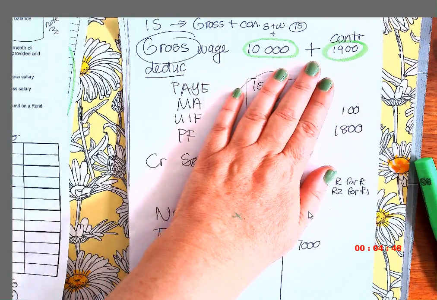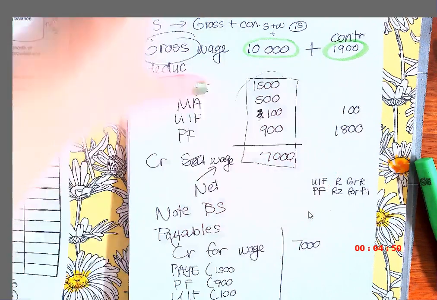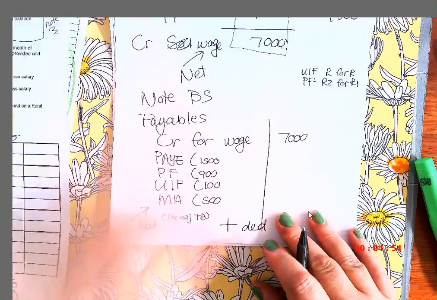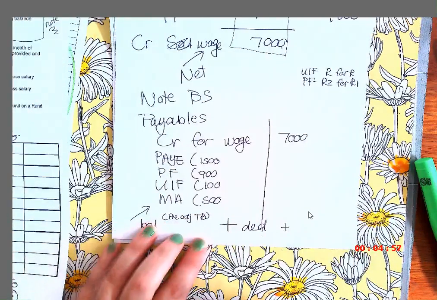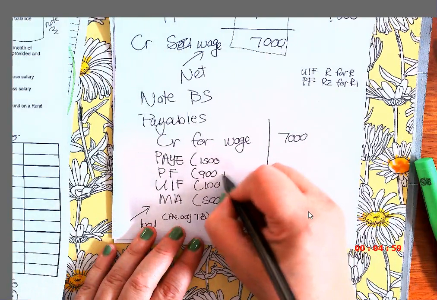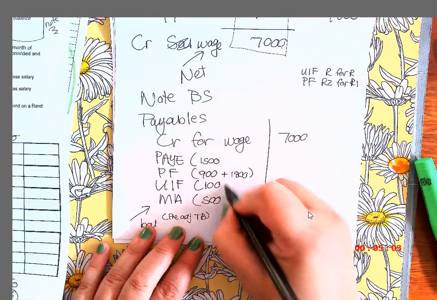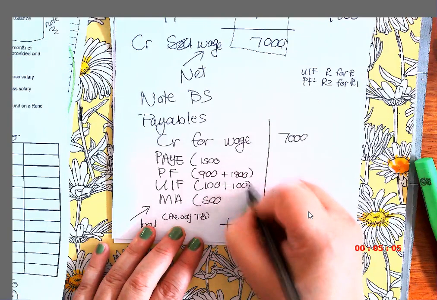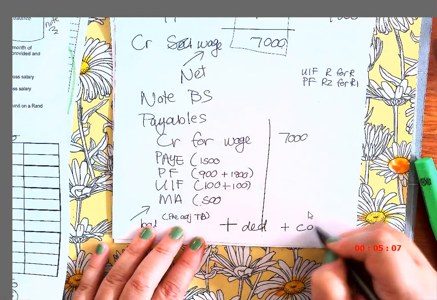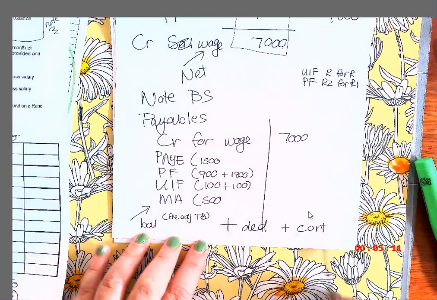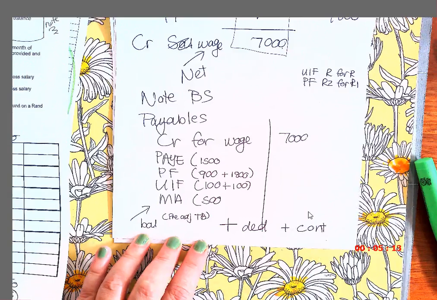Everybody sharp. Now, if I go to the payables, what is going to change here? Oh, I need to pay for the pension fund the extra 1,800, ne? And for UIF 100. Can you see? I need to take the balance, the deduction, and the contribution, because all of that needs to be paid over to whoever we owe that.